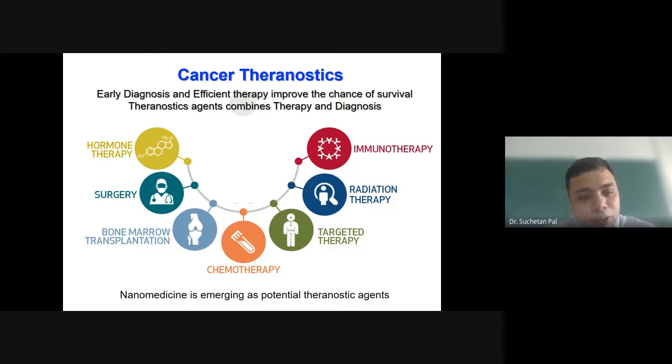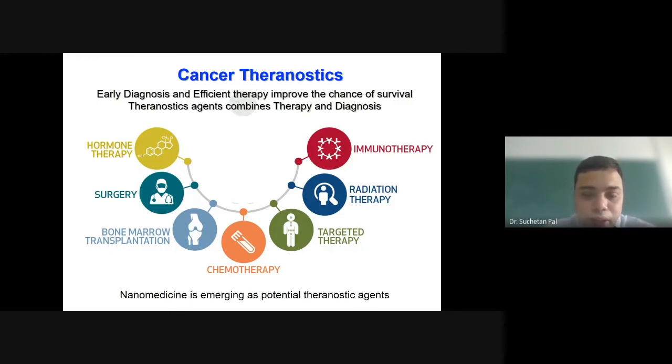You have hormone therapy, bone marrow transplantation for blood cancer, chemotherapy, where you use chemicals or drugs to cure your cancer, targeted therapy, radiation therapy, immunotherapy. If it is detected at a very early stage, meaning your cancer has not spread throughout your body and has not metastasized, then you can have surgery after detection and then one of these therapies, so that your cancer doesn't grow.